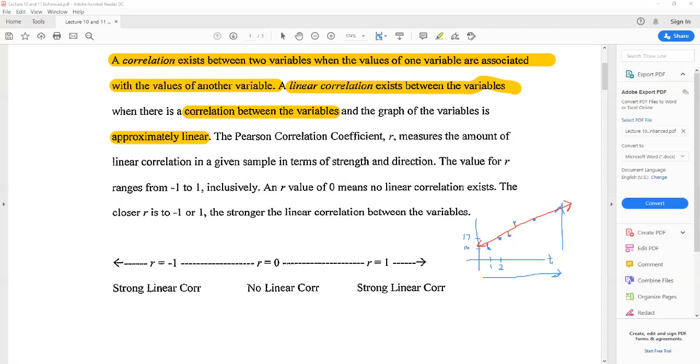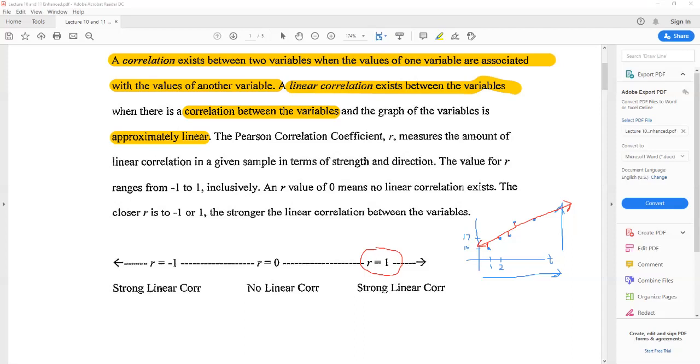But if we look at this, it appears to be fairly linear. If they were exactly linear, then I would have a correlation coefficient R value of 1 if the graph is positive. In this case, this line is positive. So I'm pretty close to 1, I will argue, because the points are almost linear.